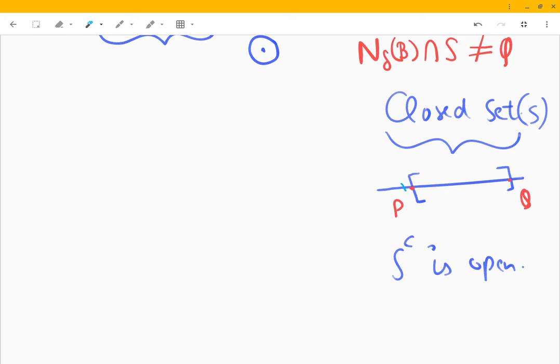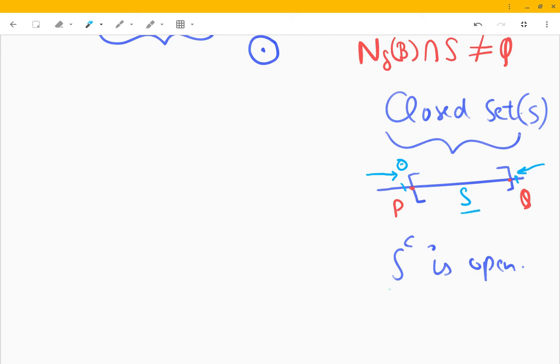What does that mean? S complement means points that lie here, as close to P as possible, as close to Q as possible. Their entire neighborhood would be in S complement, right? It would lie outside the set. Any point, no matter how close to P, no matter how close to Q, its entire neighborhood will lie outside the set.